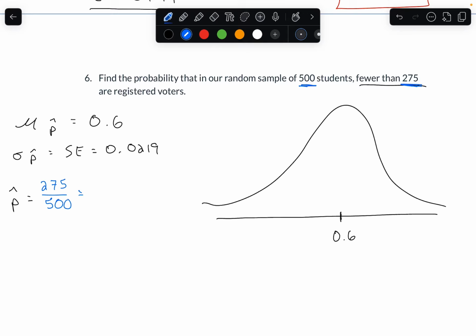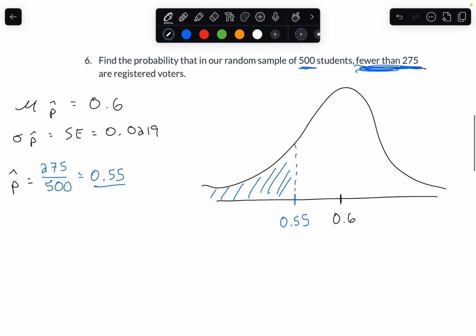Let's go ahead and divide that out. I have 0.55 for that p-hat. That number is less than 0.6, so it's going to be somewhere over here on the left. Here's 0.55. This said fewer than 275, fewer than meaning the area to the left. I must be talking about this area over here.